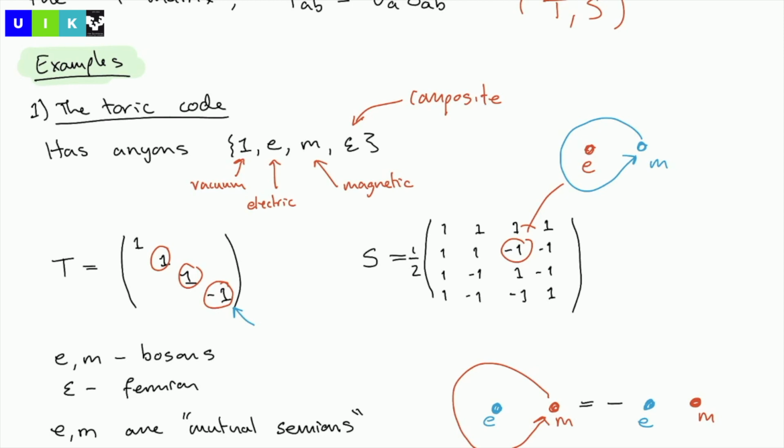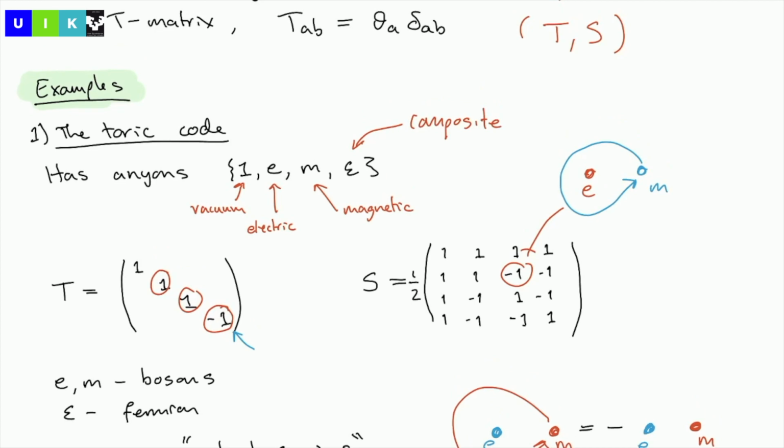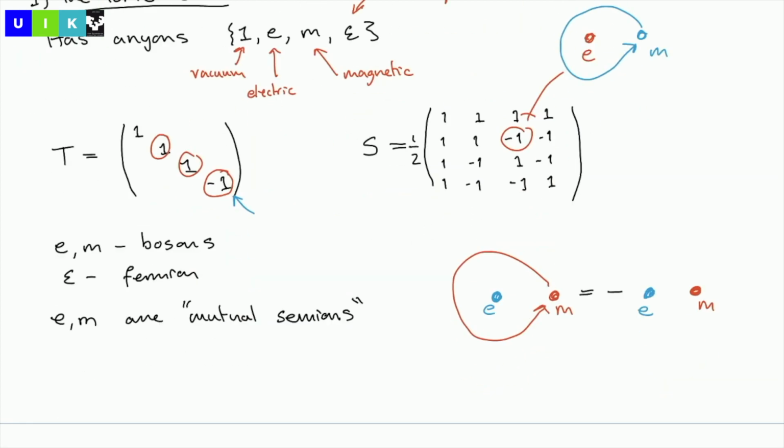We also have mutual statistics for distinguishable particles. In this simple case of the toric code, this is really just exchanged twice. So just this diagonal in this matrix. For abelian models, this is not generally true for non-abelian, but this is literally just theta A squared on the diagonal.